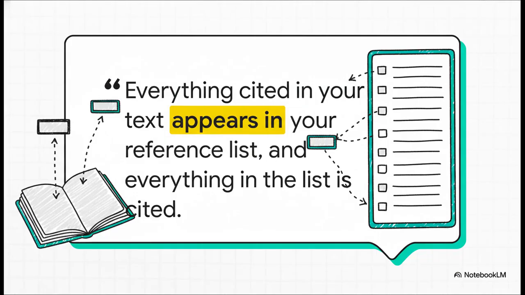And the rule is this. Your in-text citations and your reference list have to be a perfect match, a mirror image of each other. Every single source you mention in your text must be in the reference list. And, just as important, every single source in your reference list must be cited somewhere in your text. No extras, nothing missing. It has to be a perfect one-to-one match.